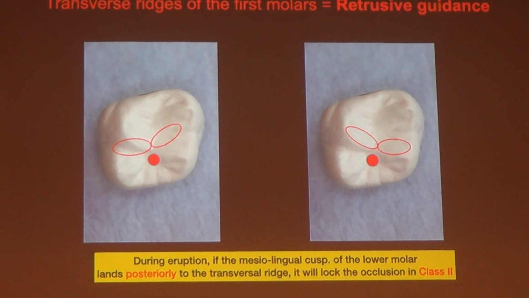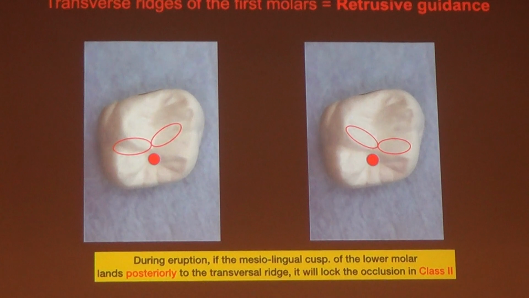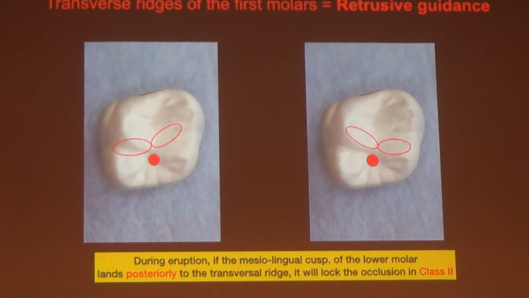So, the transverse ridge must be very nicely placed in terms of rotation. Otherwise, the patient cannot get a class 1.